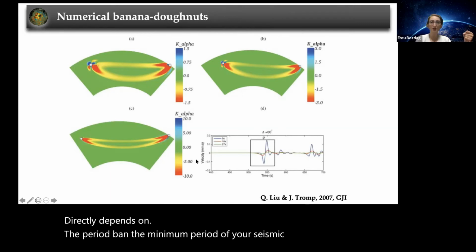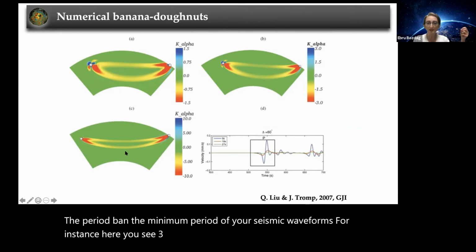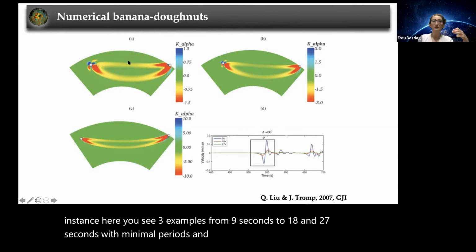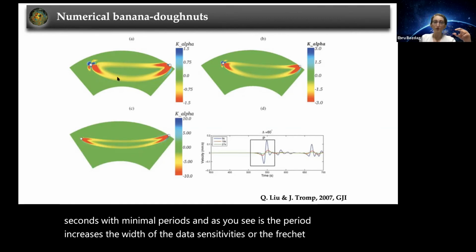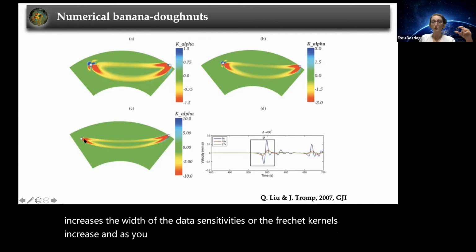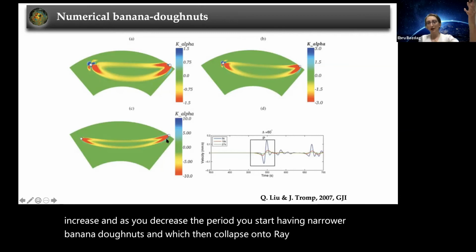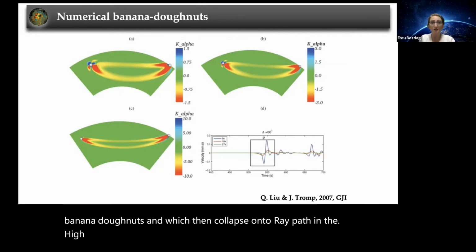For instance, here you see 3 examples with minimum periods of 9 seconds, 18 and 27 seconds. And as you see, as the period increases, the width of the data sensitivities or the Fresnel kernels increases. And as you decrease the period, you start having narrower banana-donuts, which then collapse onto the ray path in the high frequency limit, which is the ray approximation.